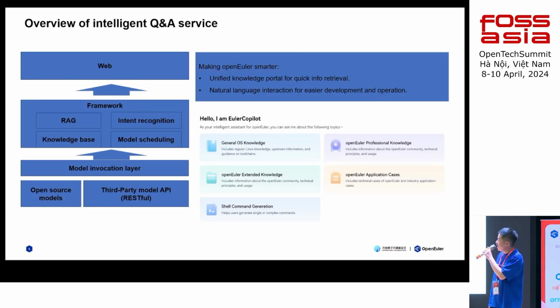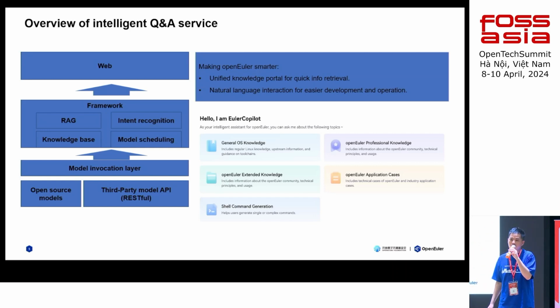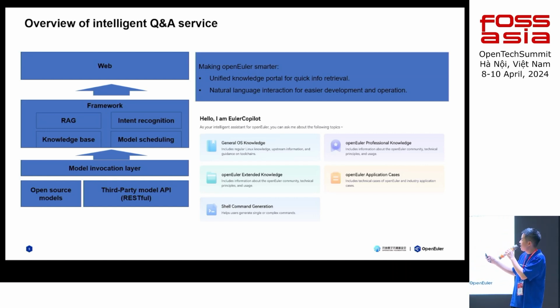Okay, now let me introduce you to EulerCopilot, the Q&A service. In the diagram on the left, we can see that our Q&A service consists of three parts. The first is the web, the framework, and the model invocation layer.